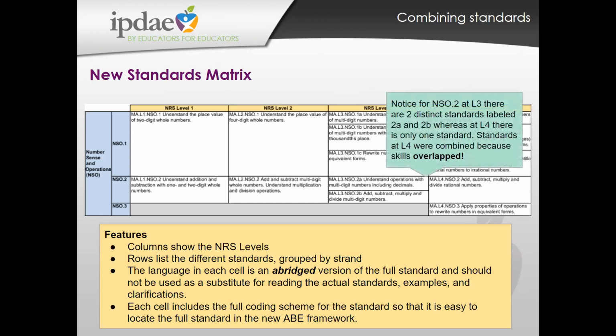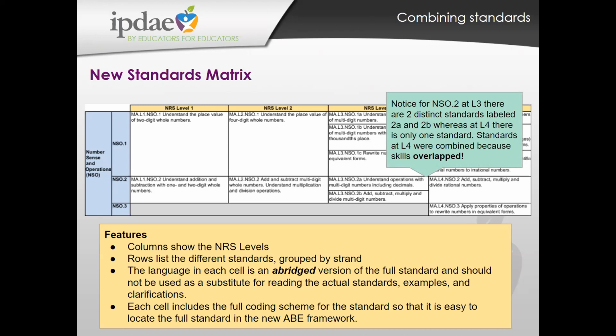I do want you to notice, and this goes back to one of the design considerations I mentioned earlier, that if you look closely at NSO2, at level 3, there are 2 distinct standards, 2A and 2B.